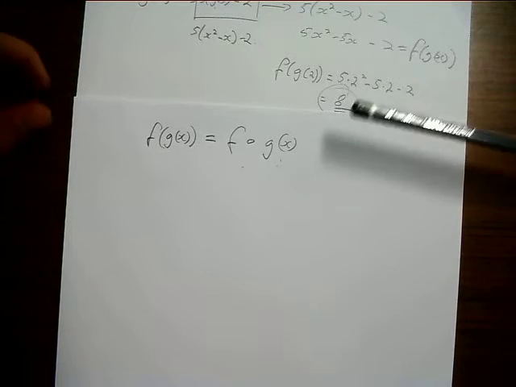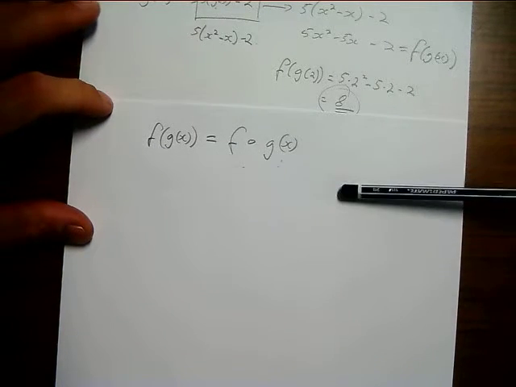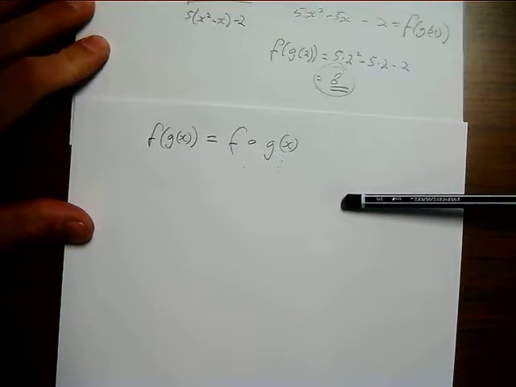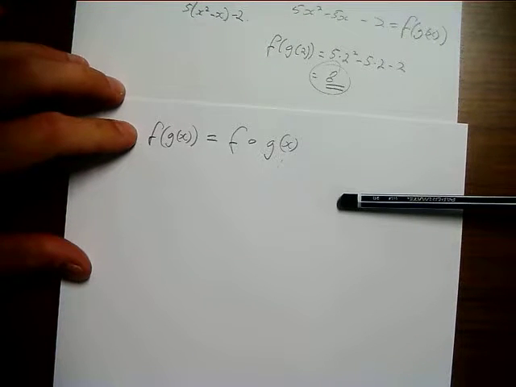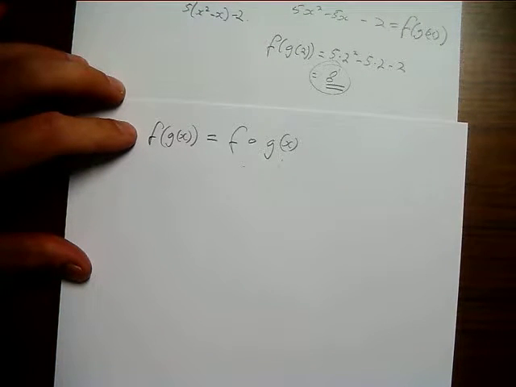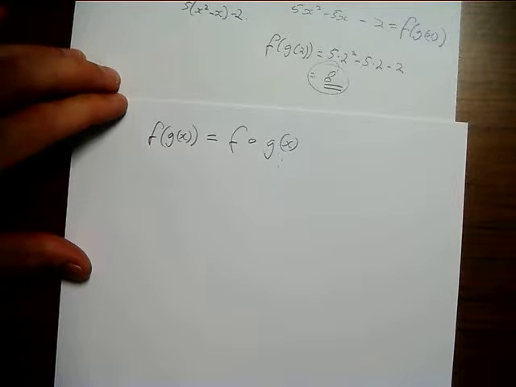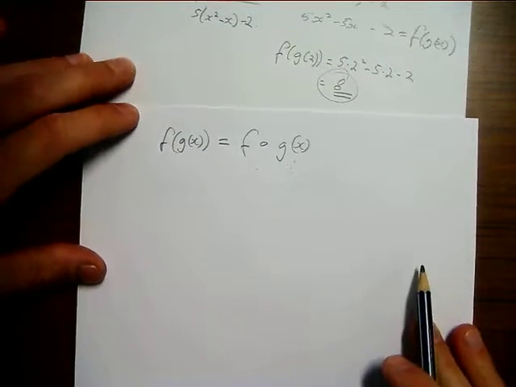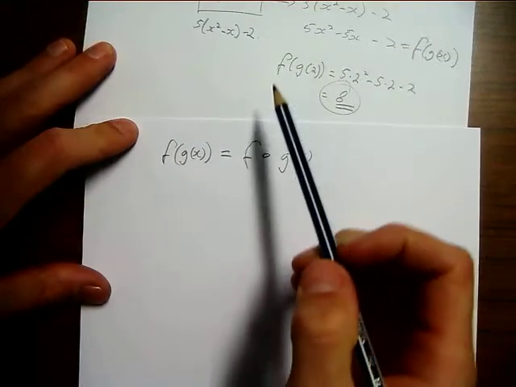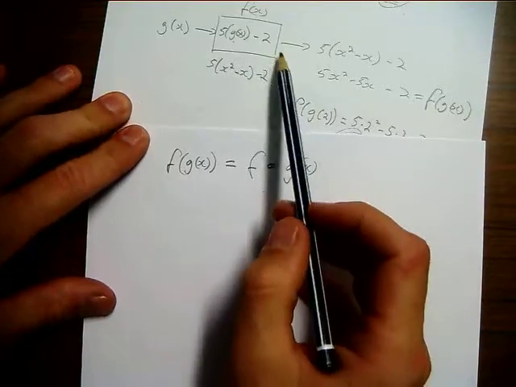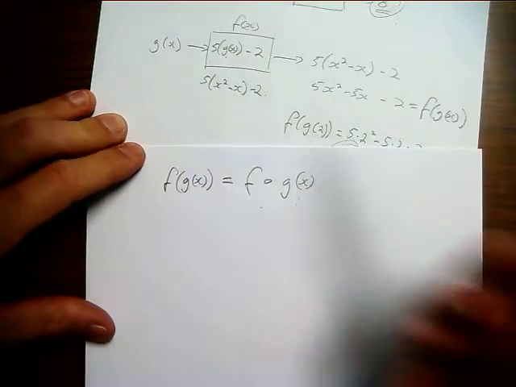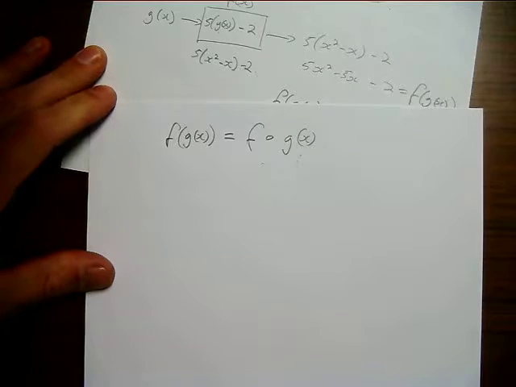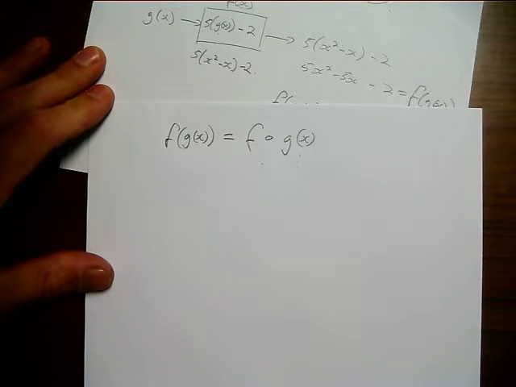Now, I've done fog x. What's the obvious question that arises from this? What would happen if I put f of x into g of x? Do we think we'd get the same thing? No? Let's try it.